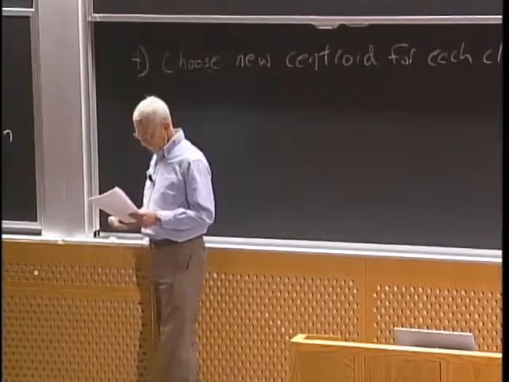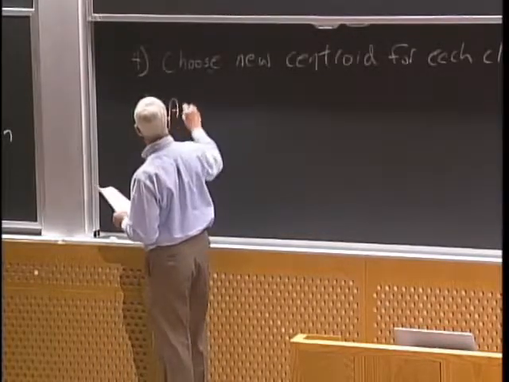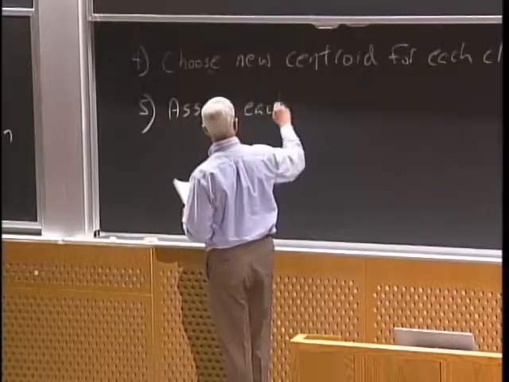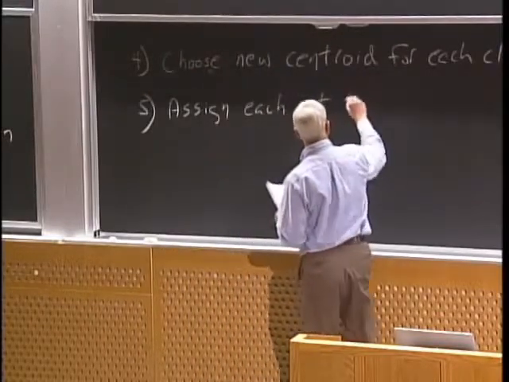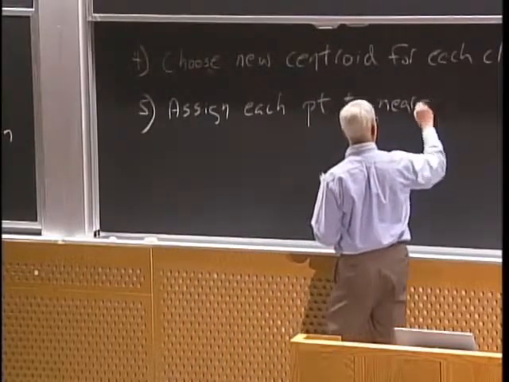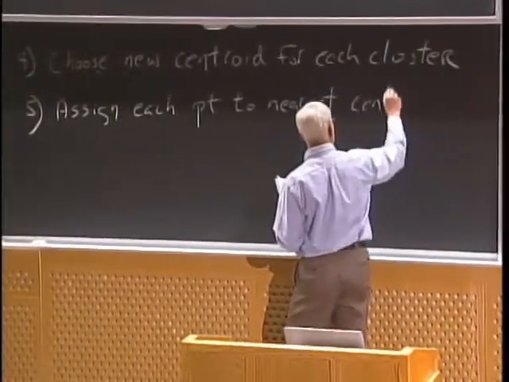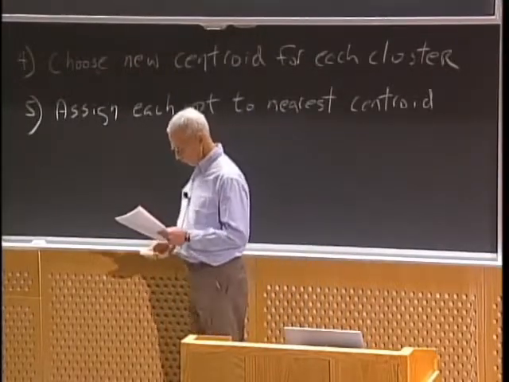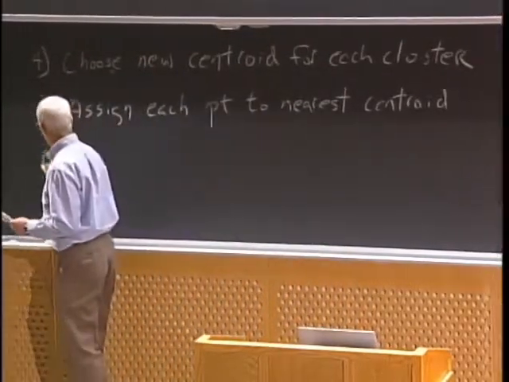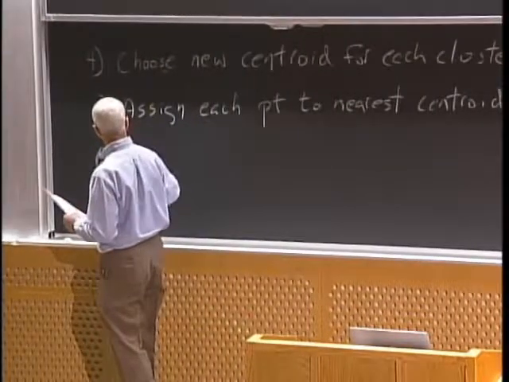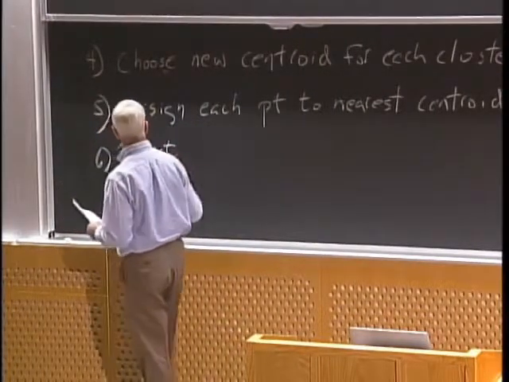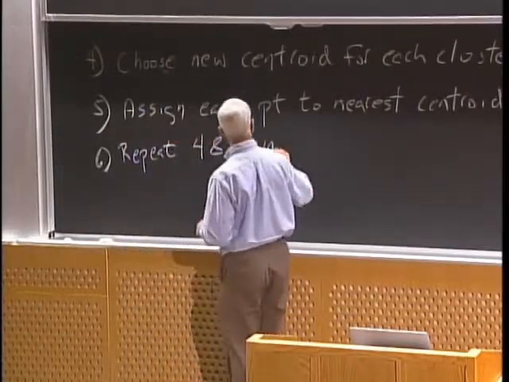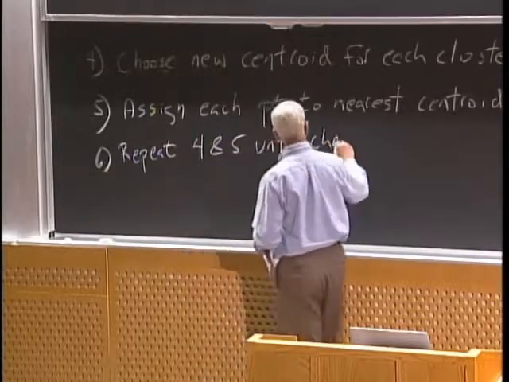And then step 5 is one we've looked at before. Assign each point to the nearest centroid. So now I'm going to get a new clustering. And then step 6 is repeat 4 and 5 until the change is small.